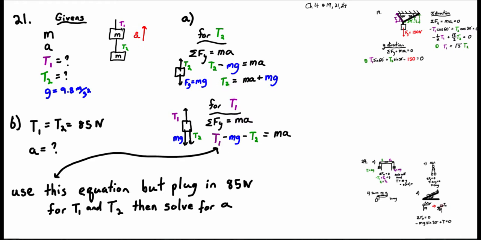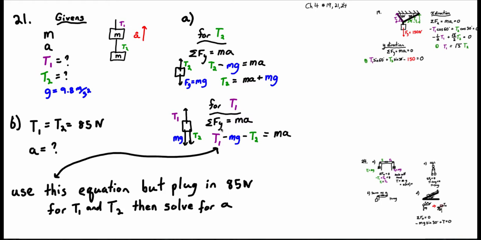Now if I look at T1, this mass still has its weight, its force of gravity, pulling it down, but it also has that tension due to the other mass, so it has that force pulling it down. And so now I can solve for what this force of T1 is going up.